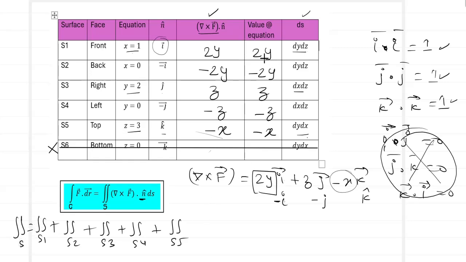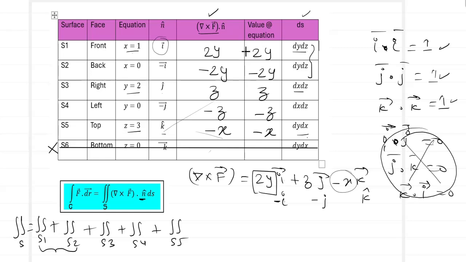Now, don't evaluate them individually. What we can do best is club the data so that this dy dz can be evaluated together. So S1, S2 I am going to evaluate together. Why are we doing it so?